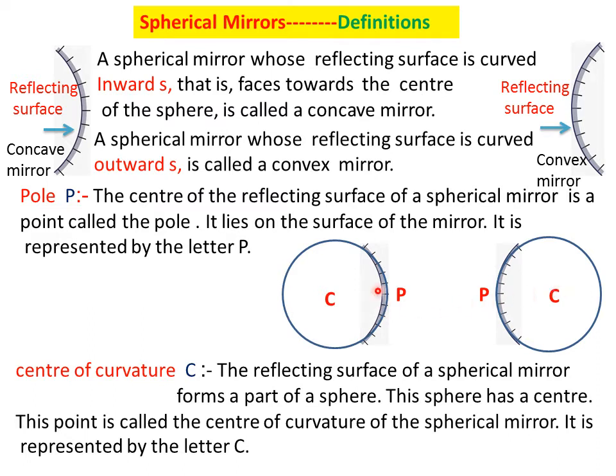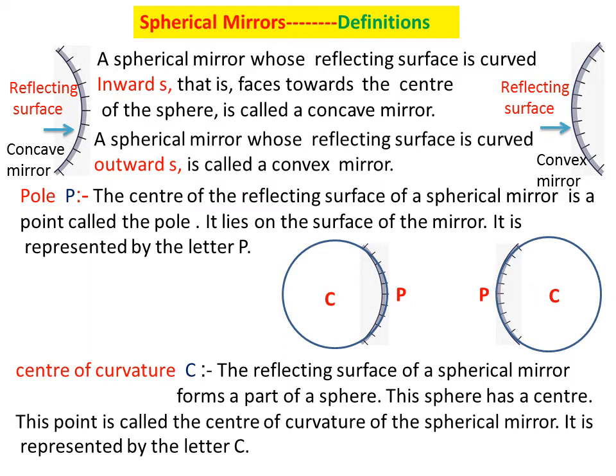This point is called the center of curvature of the spherical mirror. It is represented by the letter C. Note that the center of curvature is not a part of the mirror. It lies outside its reflecting surface.